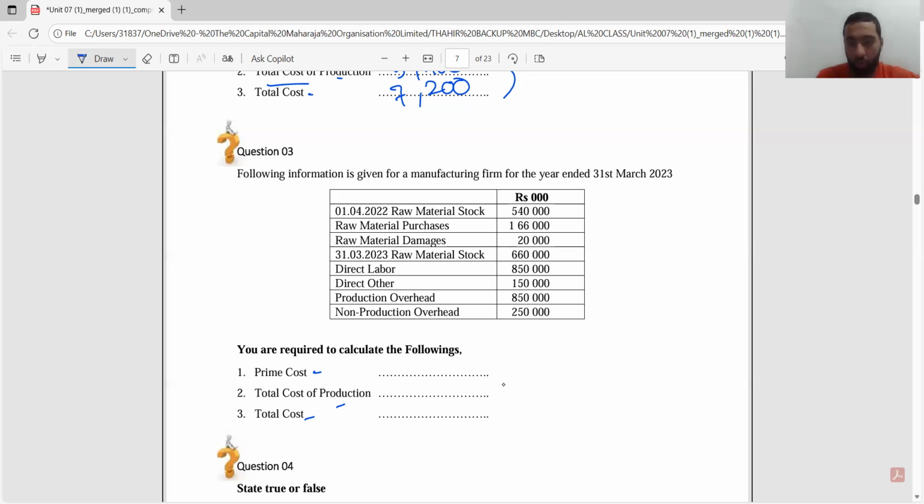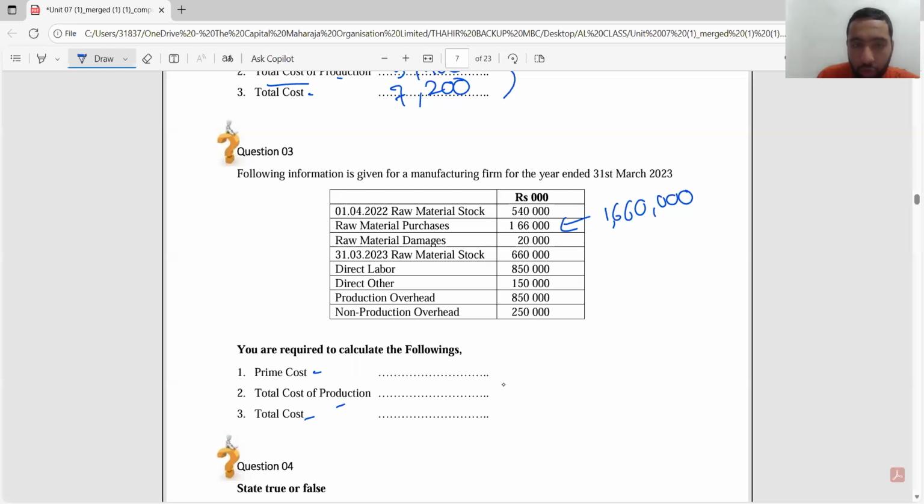Right. So how to calculate this? Very simple. Huh? There's a printing error. This is 1,660,000. Okay. This is 1,666,000. Sorry, 1,660,000. Okay. Can I quickly adjust this?